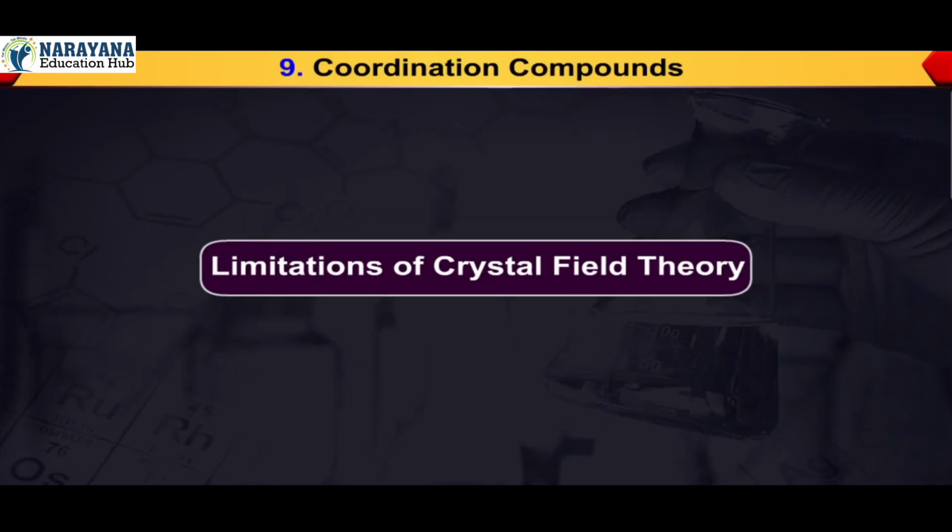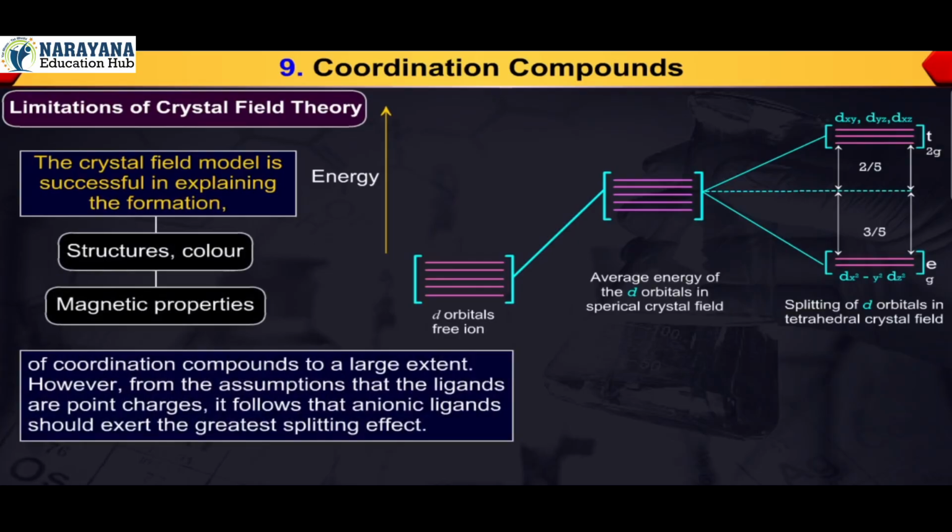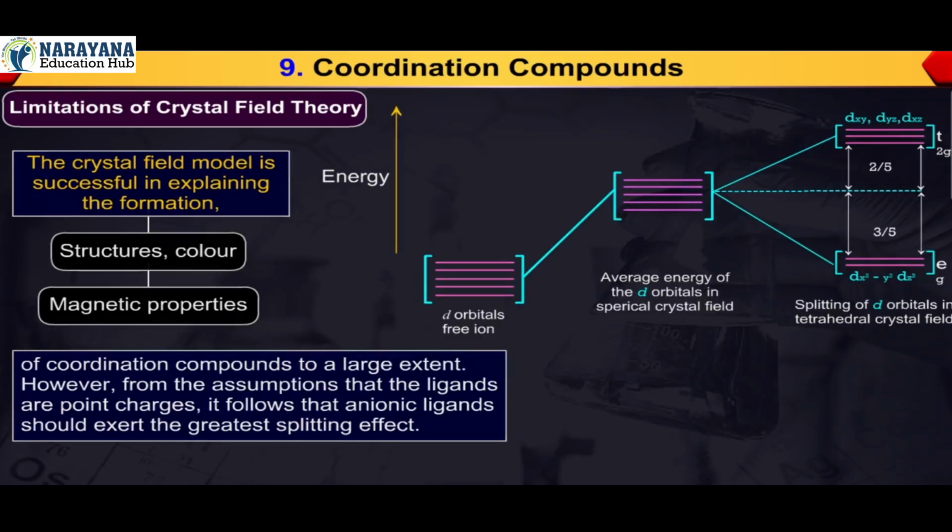Limitations of crystal field theory. The crystal field model is successful in explaining the formation, structures, color, and magnetic properties of coordination compounds to a large extent. However, from the assumption that ligands are point charges, it follows that anionic ligands should exert the greatest splitting effect.